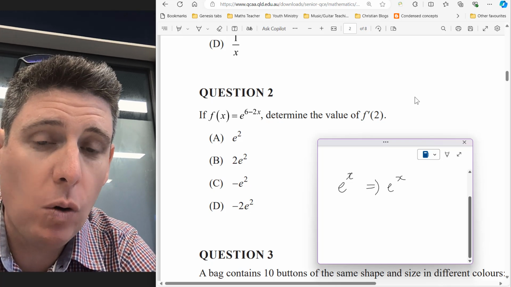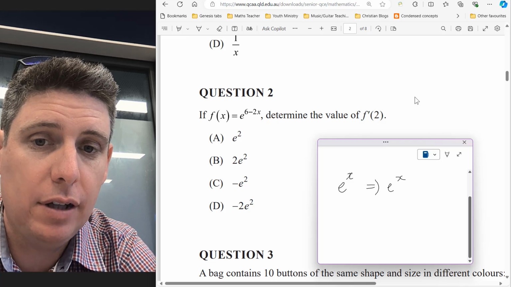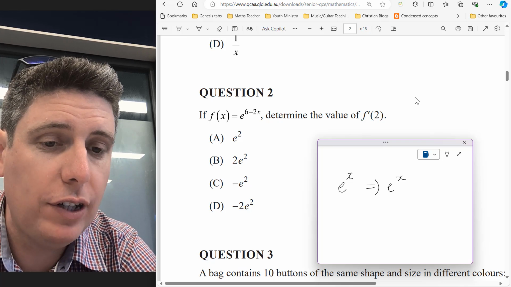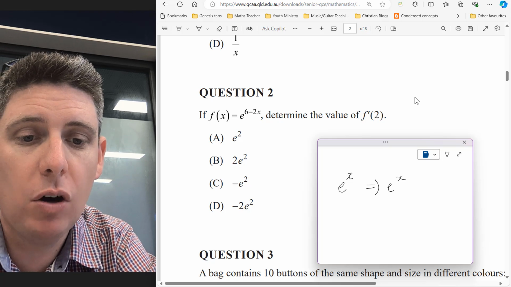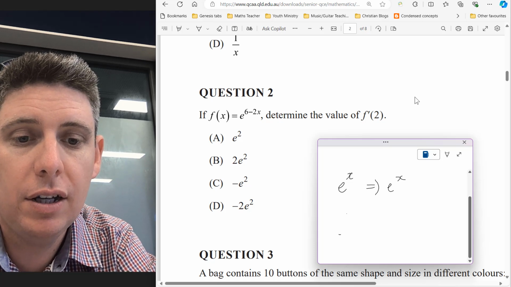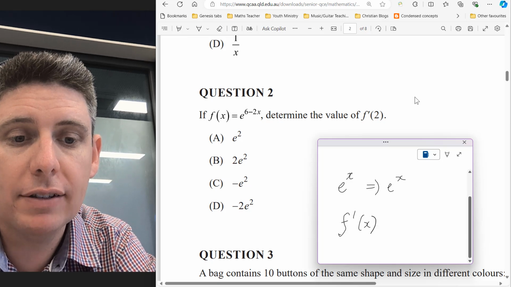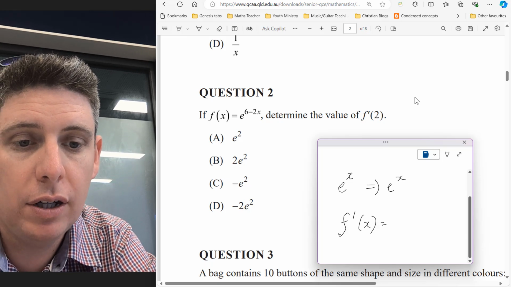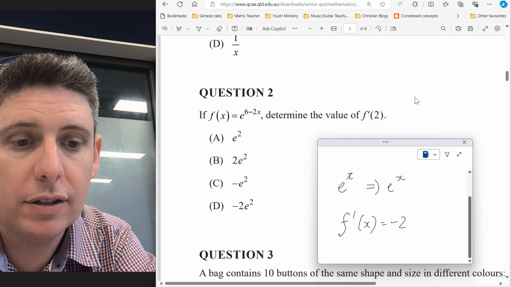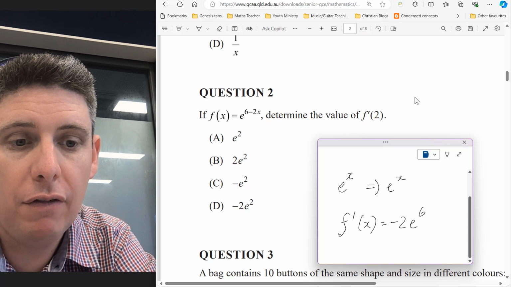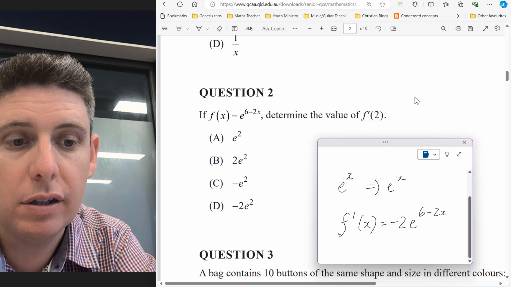But we have a coefficient in front of x. So when you've got a coefficient in derivatives, you bring the coefficient out the front. So f dash of x is equal to, bring the coefficient out the front, and you leave everything else the same.